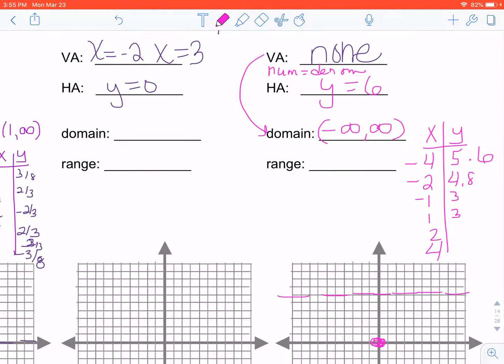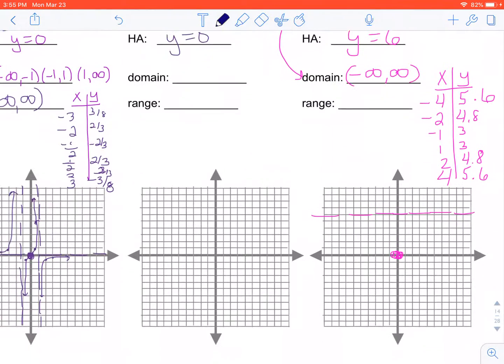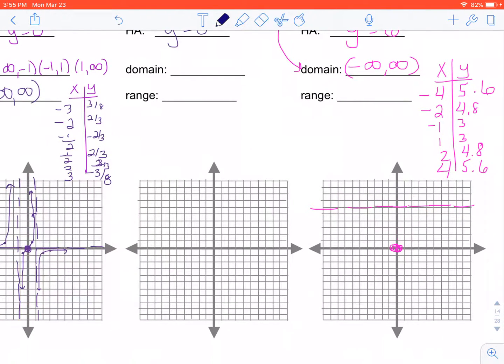A positive 1, you get a 3. Then on the other side, you get the same numbers. When that happens, it's called the graph being symmetrical. So now that I have those numbers, we're going to see if we can get a graph here. That first one's going to be pretty close to the asymptote.